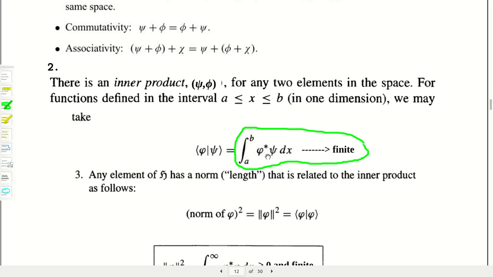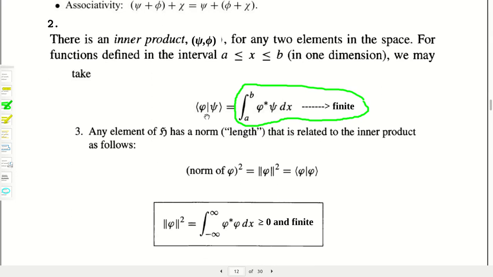It follows all the properties of a vector, but you cannot draw a geometrical diagram of it. You can try some books; there are some pictures of how this integral is the projection of one function on another. You can find them in standard quantum mechanics books. You can follow them, but I am not going into this.